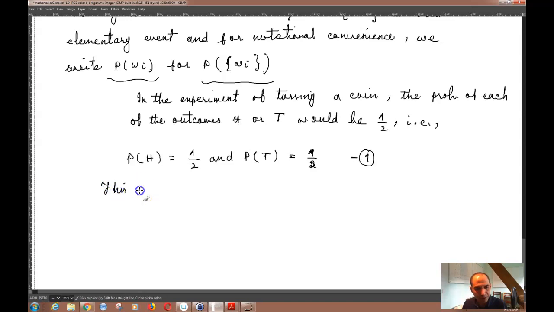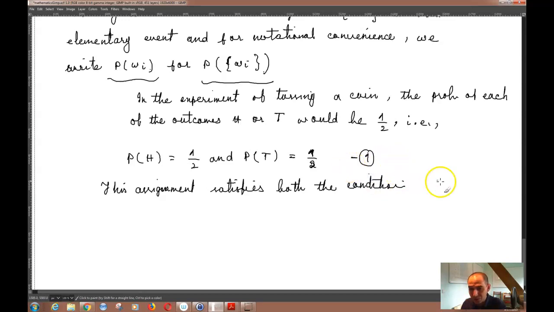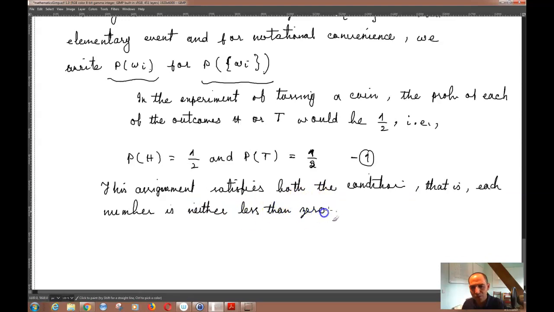So this assignment satisfies both the conditions, that is, each number is neither less than 0 nor greater than 1.